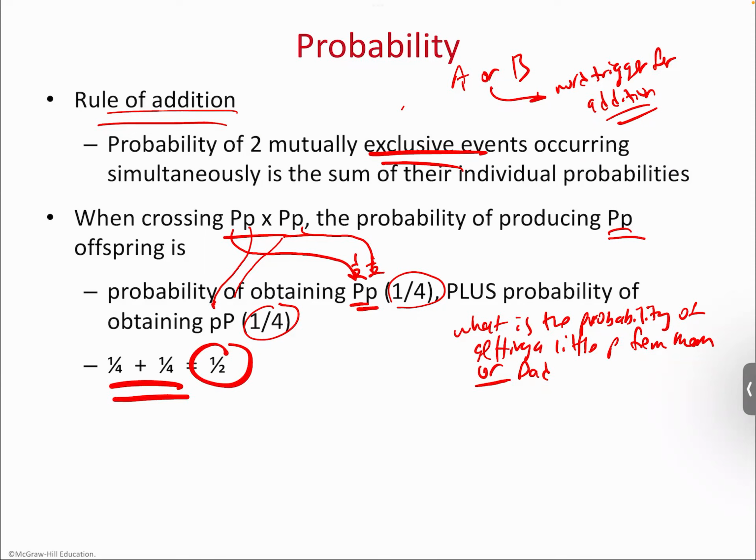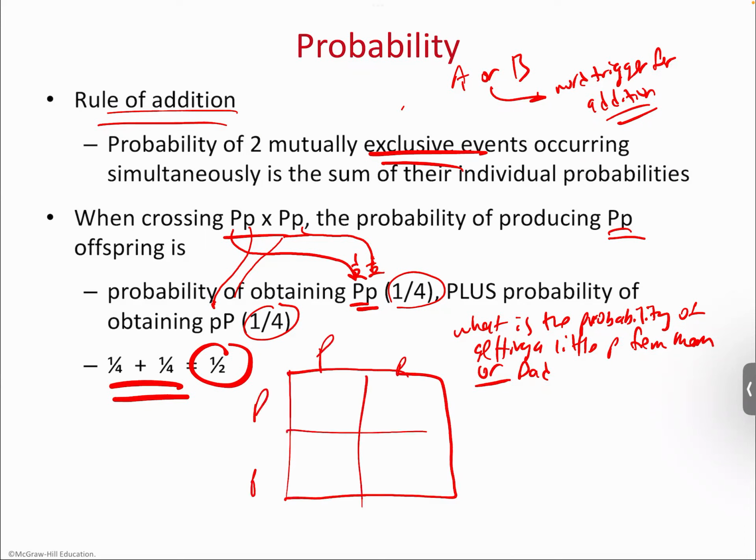Now you can also see this in the Punnett square, right? Because when you flesh this out, you're going to have your homozygous dominant, your first heterozygote, your second heterozygote, and then your homozygous recessive. Notice what you have. 2 heterozygotes out of how many options?